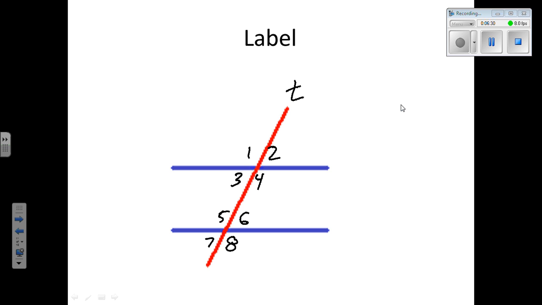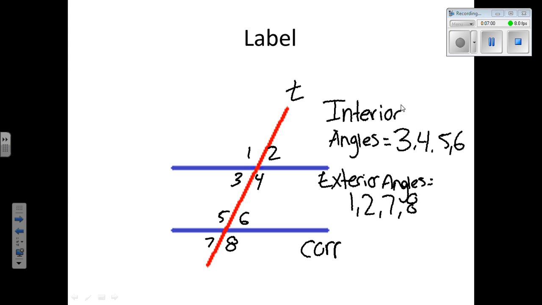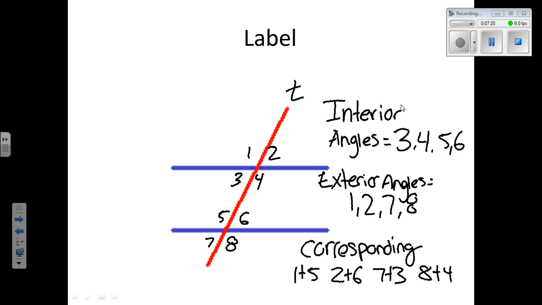In this case, my interior angles are 3, 4, 5, and 6.